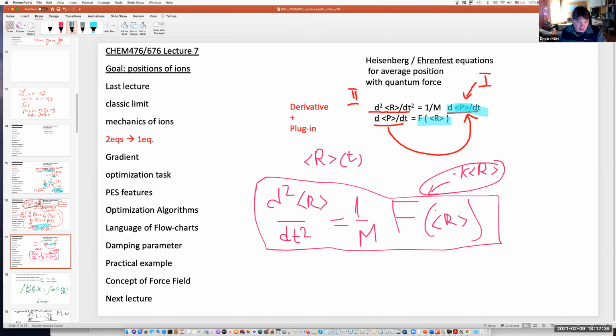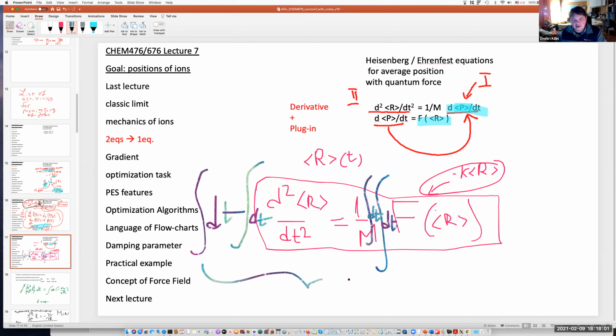So if we apply the integral over time once, and if we apply it twice, then this equation has to convert into just r of t equals something.